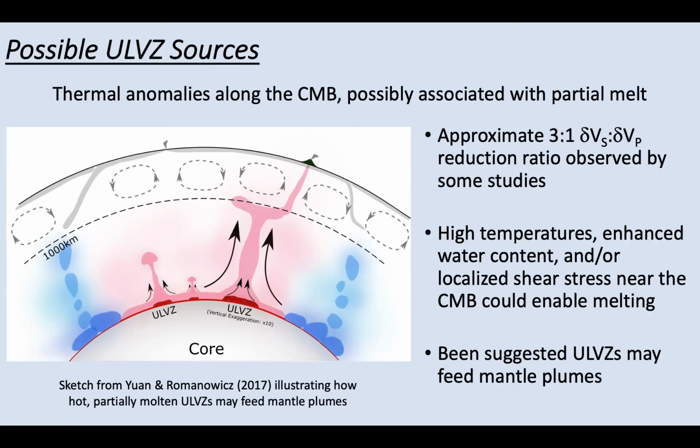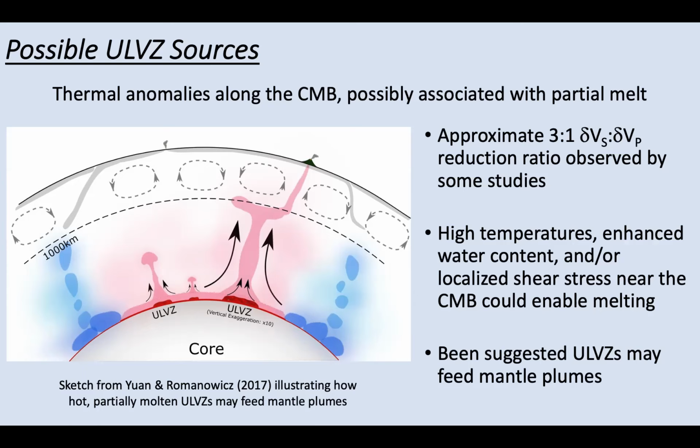And so because this idea has been put forth that you might have partial melt along the CMB, it's also been put forth that ULVZs may actually seed or feed, if you will, mantle plumes.